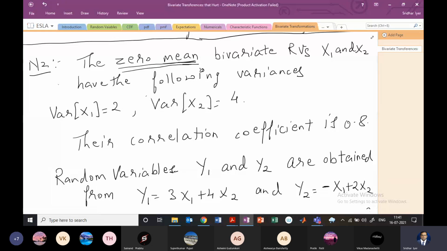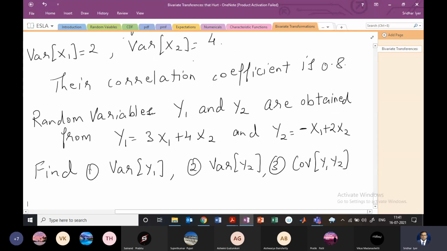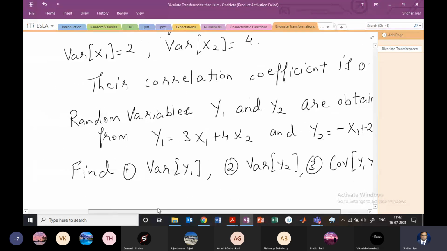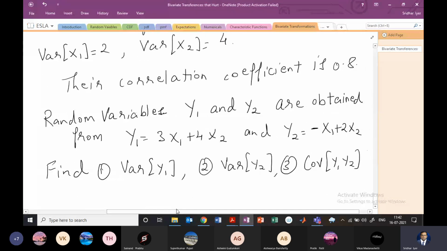So x1 and x2 have variances 2 and 4, and their correlation is 0.8, and you are getting random variables y1 and y2 with those transformations. y1 is 3x1 plus 4x2, and y2 is negative x1 plus 2x2, and we need to find the variances of y1 and y2 and the covariance of y1 and y2.